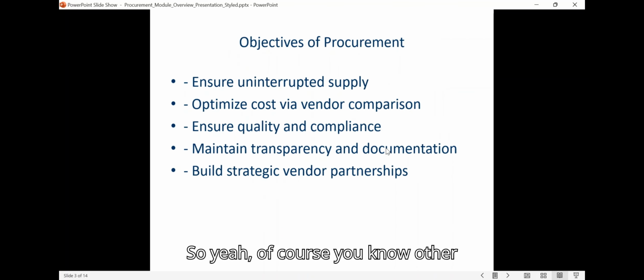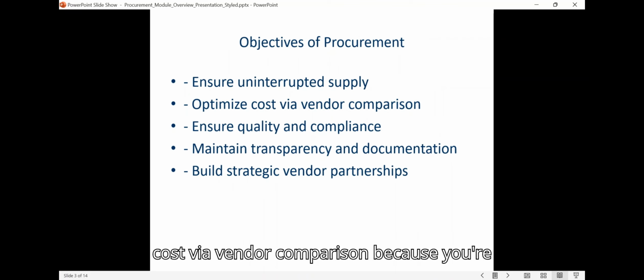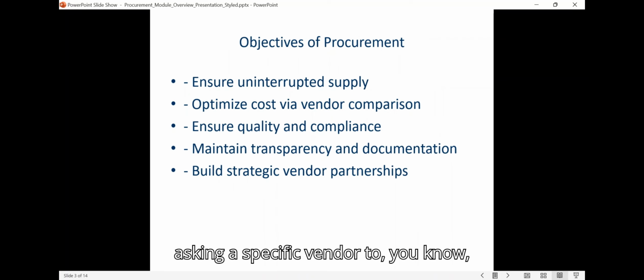Of course, other objectives could be to ensure uninterrupted supply and optimize the cost via vendor comparison. You're asking a specific vendor to send specific items, then you compare with the different vendors who are providing the best quality and the best prices, so that you make the best judgment.